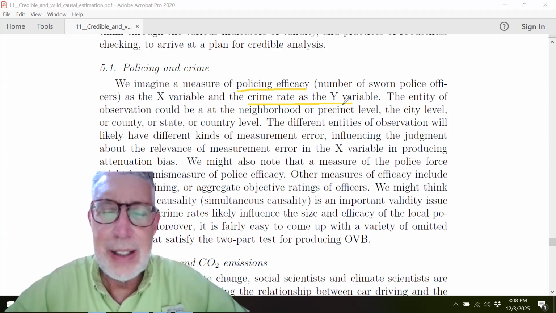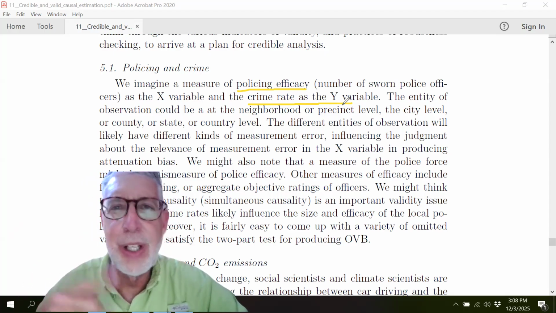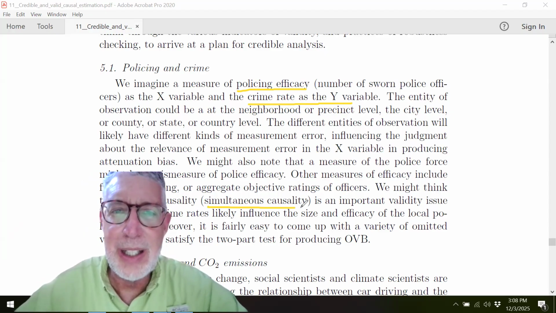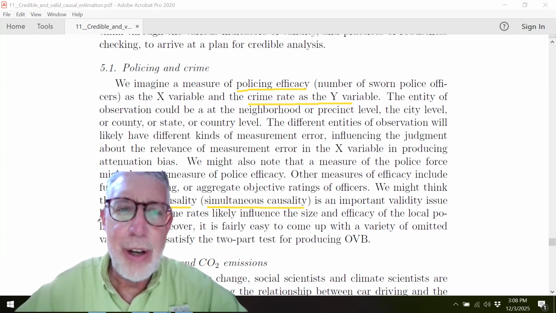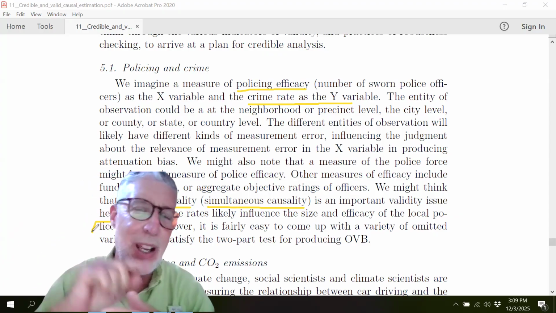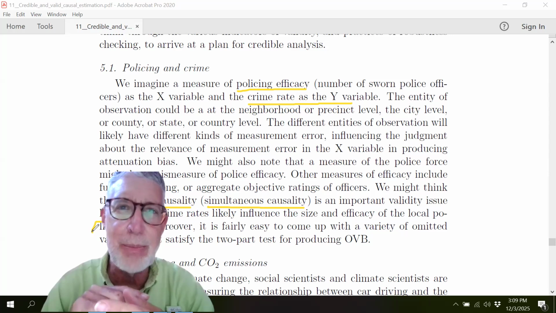And of course, our main problem here, now I'm thinking about it, did I mention it in my validity issues? Reverse causality is the main problem here, or simultaneous causality, because, of course, high crime rates probably influence the size of the police force, and the size of the police force influences the crime rate.